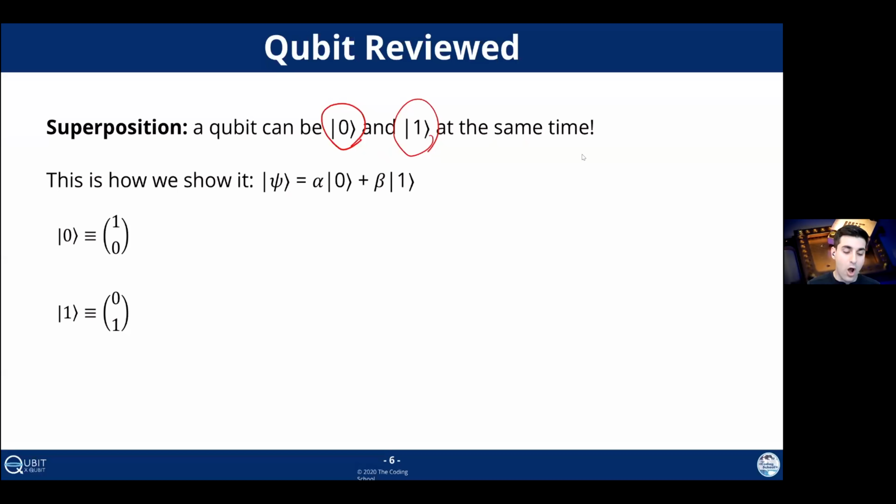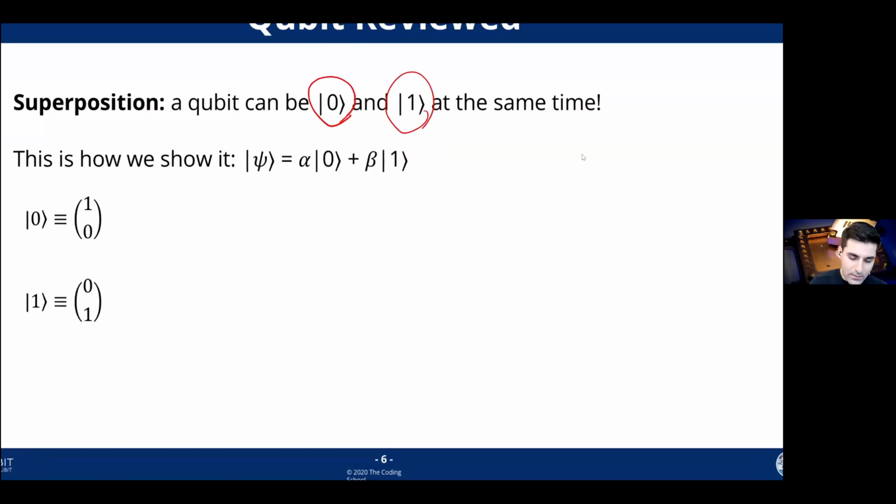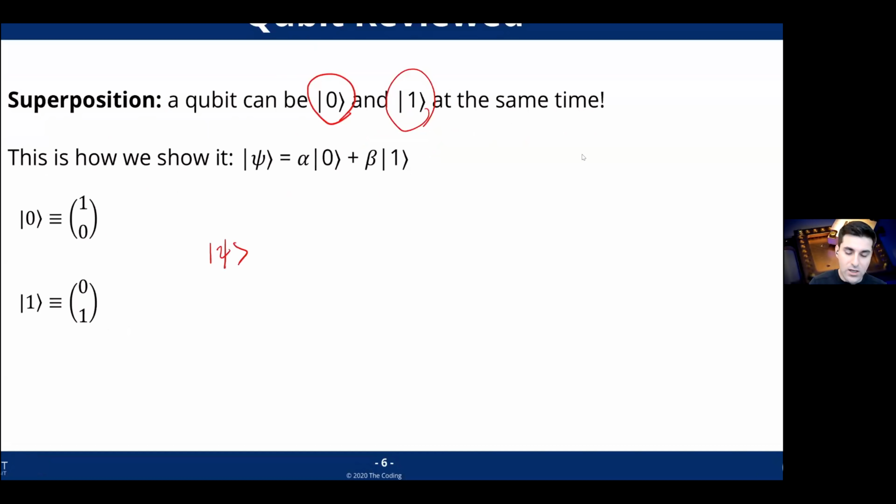So in this case, if you want the vector associated with the 0 state, it's just this column vector with 1 as a top entry and 0 as the bottom entry. And the 1 state will be a column vector again with 0 as a top entry and 1 as a bottom entry. So basically, using this, we can also, again, this is all review, write the arbitrary state psi that we have as a vector as well.